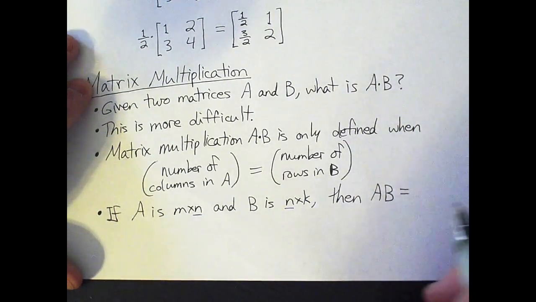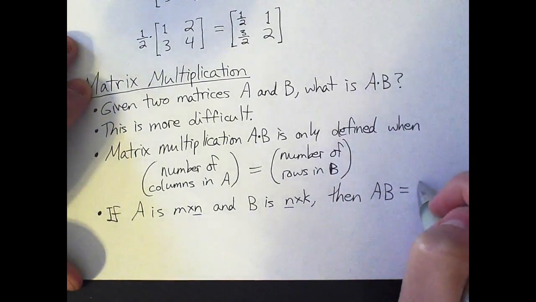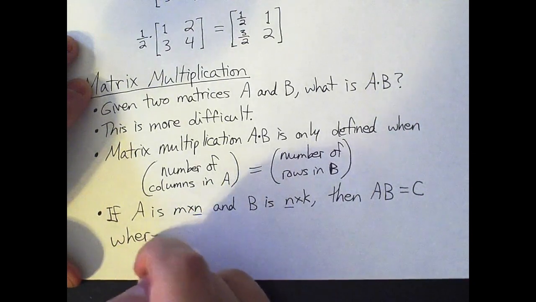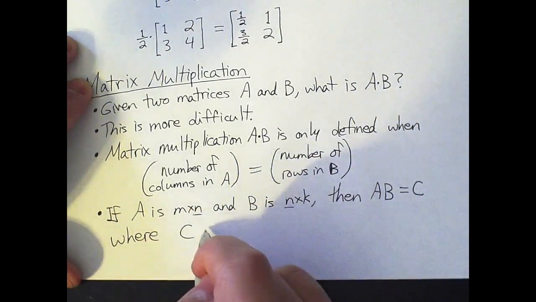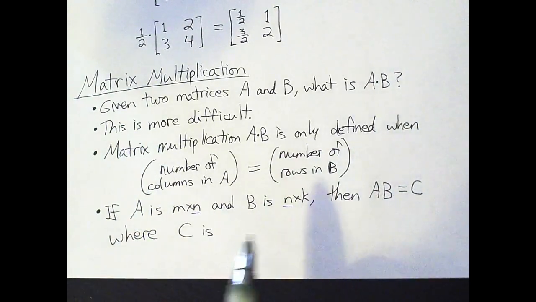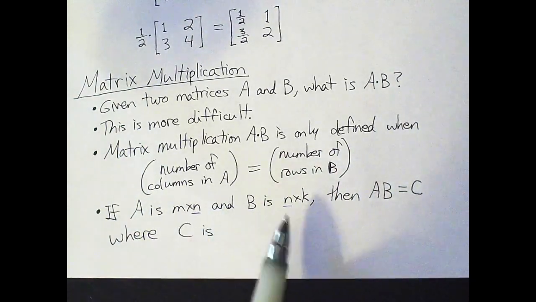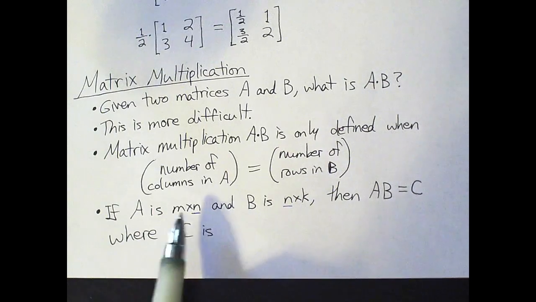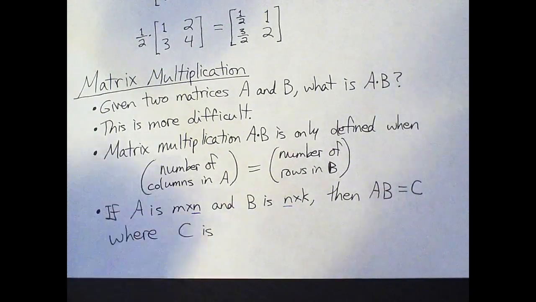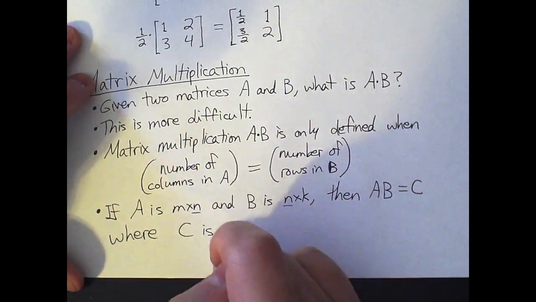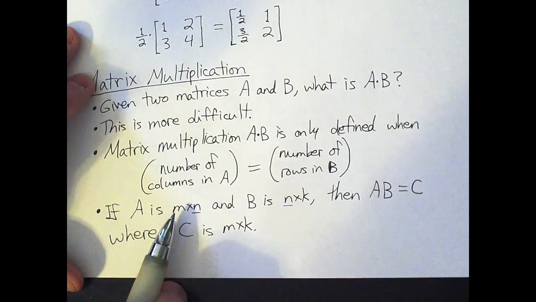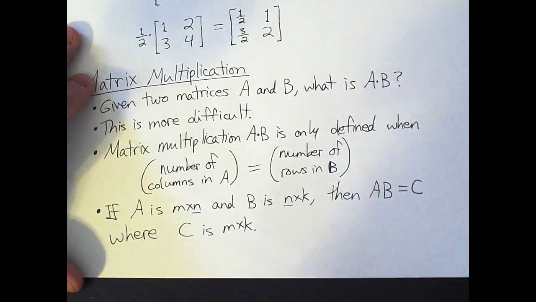So what does it equal? Well, we're going to call it uppercase C, where C is also a matrix, but we have to say, well, what size is C going to be? Because A and B might have been different sizes, like a rectangular matrix and a rectangular matrix, and then what size is C? It's actually going to be m by k, where the m came from the first matrix and the k came from the second matrix.